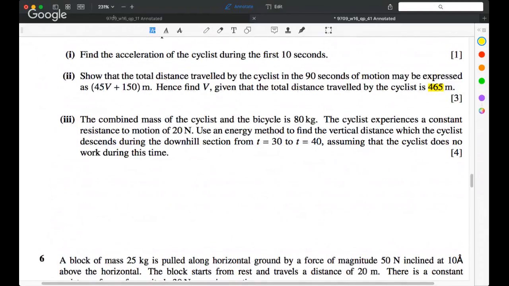So let's take a closer look. So the cyclist is originally here, and then after going downhill, you'll come to a position here. And because of the change in height of the cyclist, you'll lose GPE.